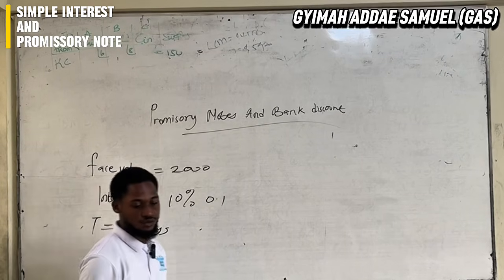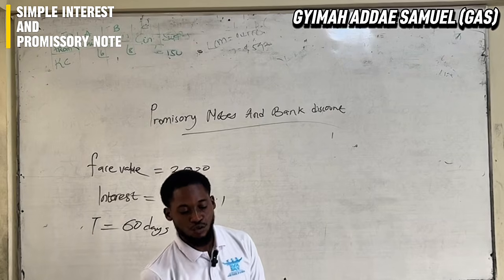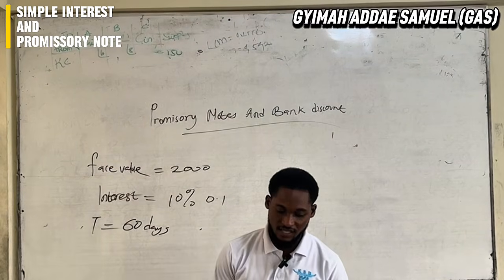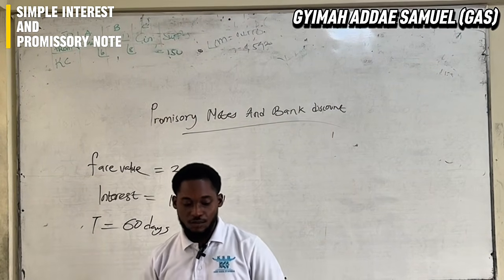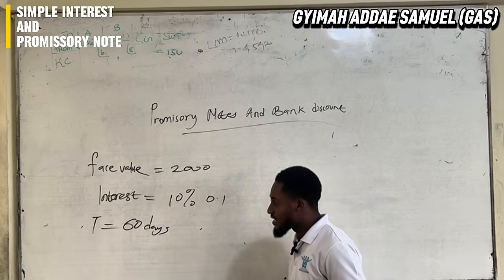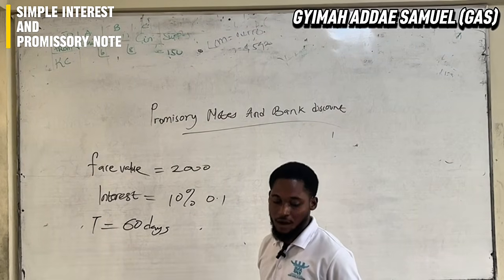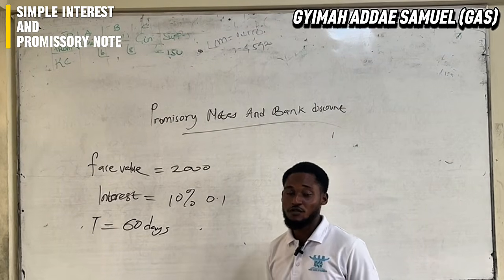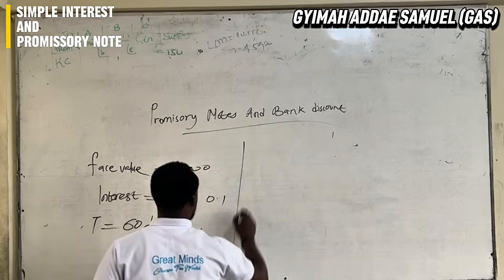What we are first going to find is the interest amount, because here the interest rate was given. After finding the interest amount, you move on to find your maturity value.